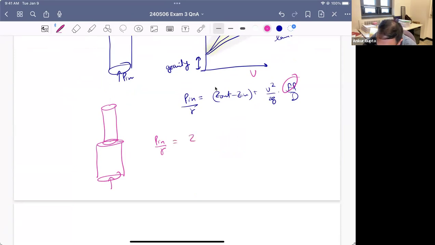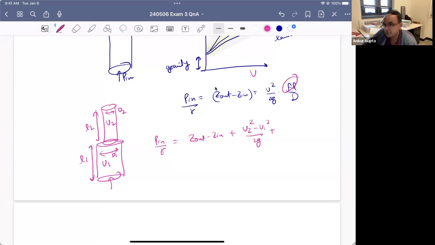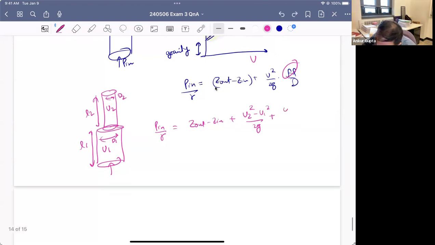So you will have Z out minus Z in, U1, U2, L1, L2, D1, D2. Then you will have Z out minus Z in plus U2 squared minus U1 squared by 2g, because they don't cancel, plus U1 squared by 2g, f1 L1 by D1, plus U2 squared by 2g, f2 L2 by D2. And of course, I'm assuming any minor losses are zero.